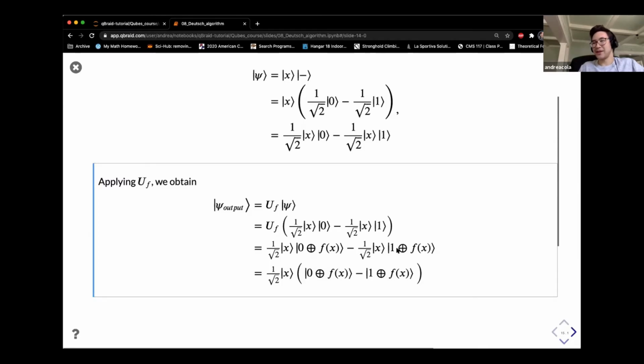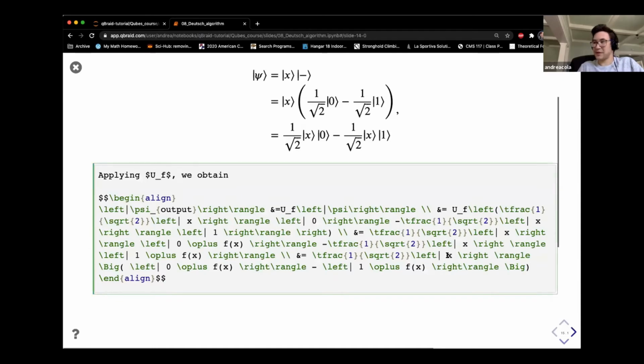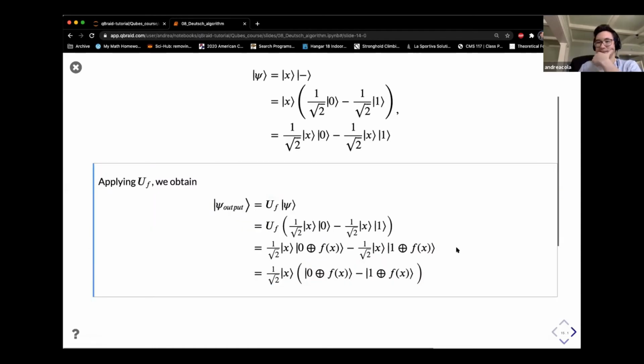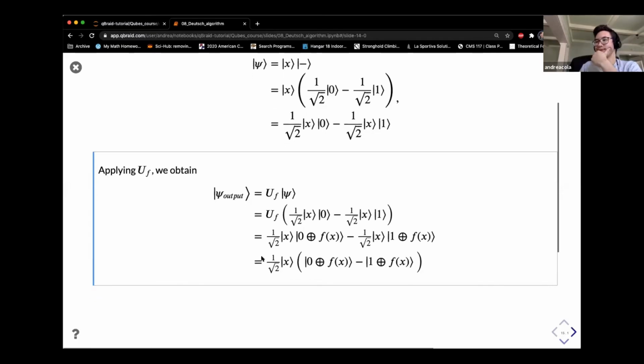When I say plus, I always mean XOR. To get to the last line, I'm just rewriting things because the first qubit is always in the state x, so I can group things in the following way, kind of doing the inverse of the distributive property. Okay, nice.